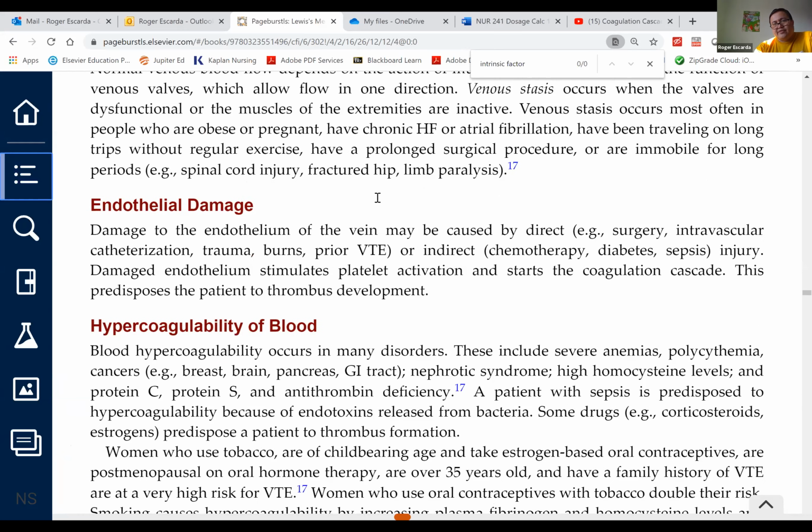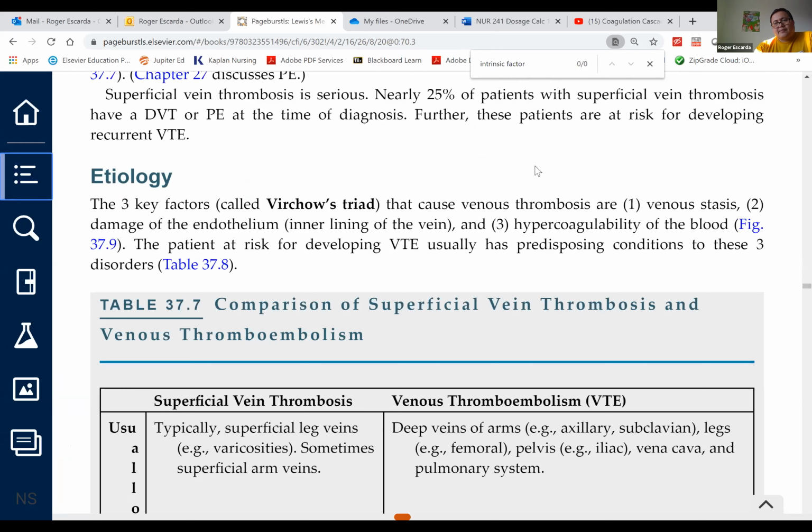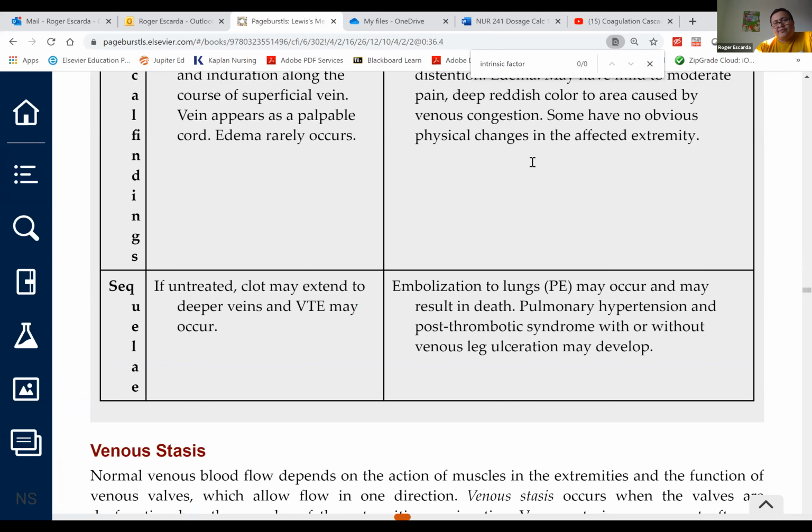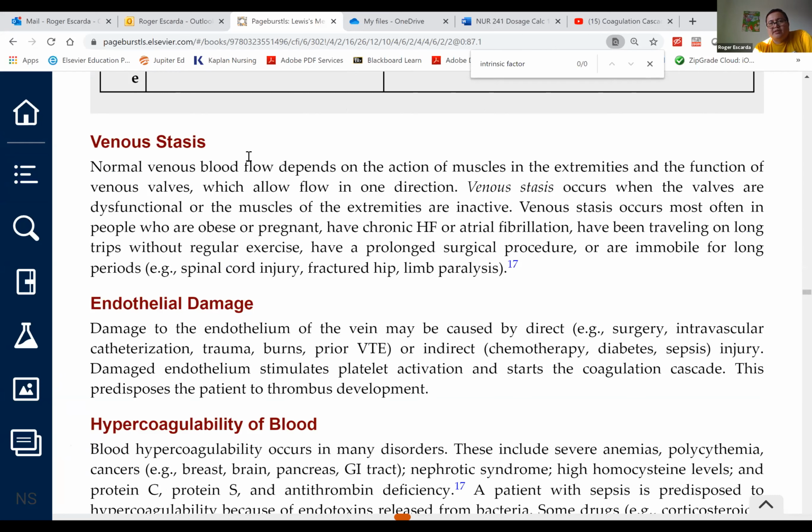There are three factors. Number one, venous stasis. Venous stasis is any condition wherein blood pools in one area of the body. That blood may be pooling either in the periphery, so let's say in your lower legs, or inside the heart or elsewhere.